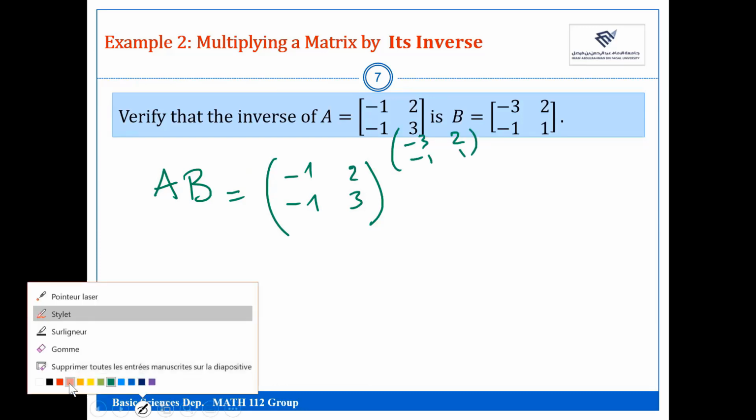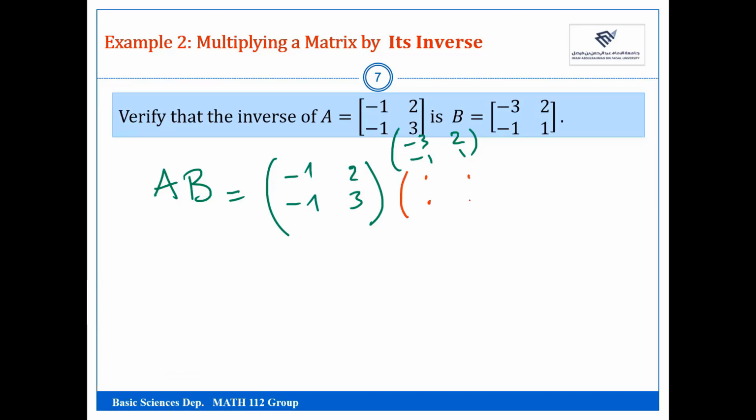The result will be a matrix of order 2 by 2. The question: is the result the identity? -1 times -3 is 3, plus -1 times 2 is -2, gives 1. -1 times 2 and 2 times 1 gives 0. -1 times -3 is 3 plus -1 times 3 gives 0. -1 times 2 is -2 plus 3 times 1 gives 3. So yes, this is satisfied.